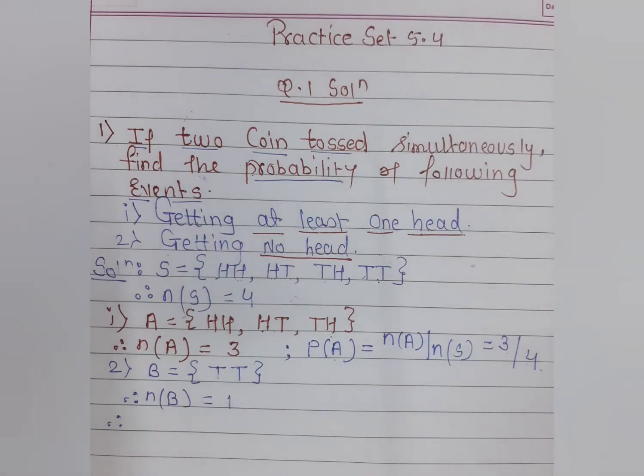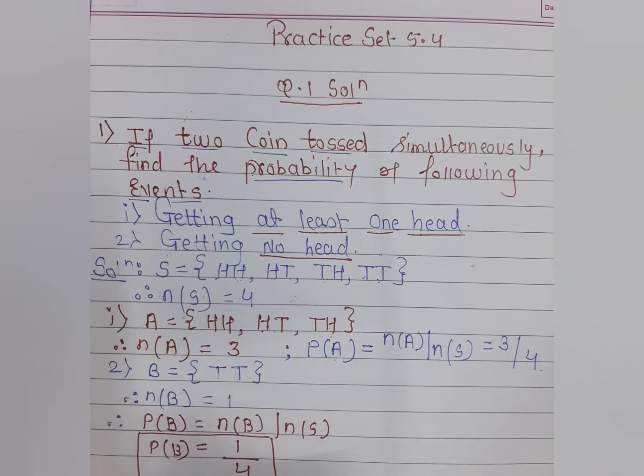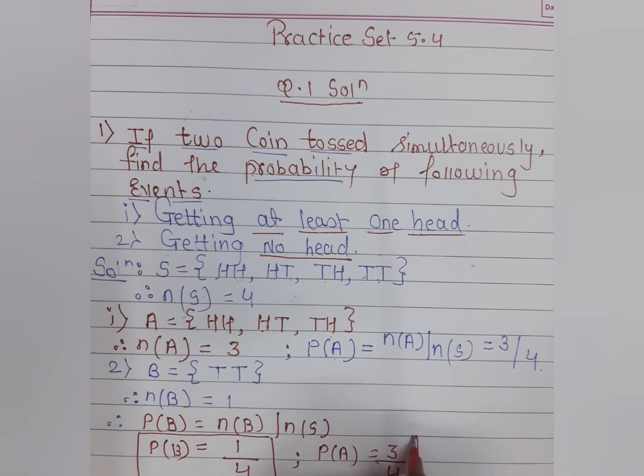P of B is equal to N of B upon N of S. Here N of B is 1, N of S is 4. So P of B is 1 by 4, and P of A here is 3 by 4.